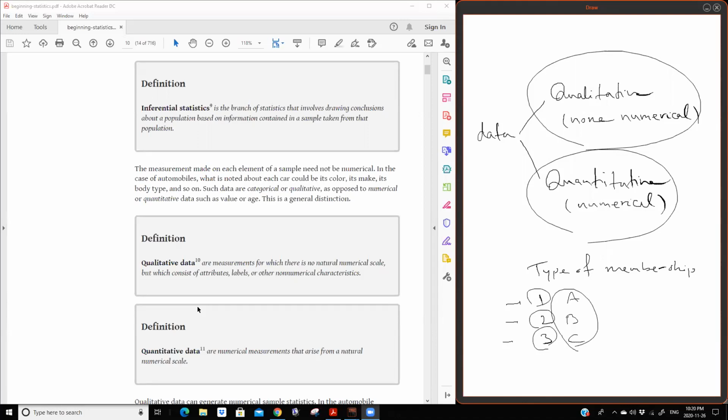So quantitative data are numerical data such that doing arithmetic on that data makes sense. For example, you can add them up, subtract them, take the average of them. That would make sense. But if you have some categories and you just call them 1, 2, and 3, it would still be qualitative data. Make sense?